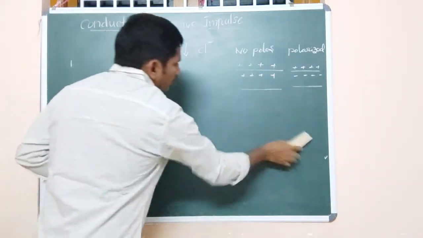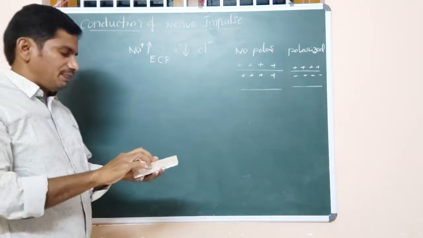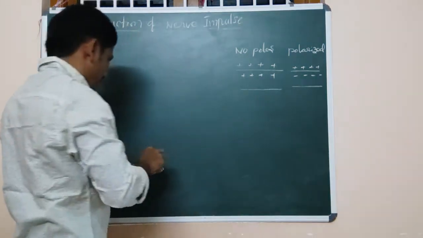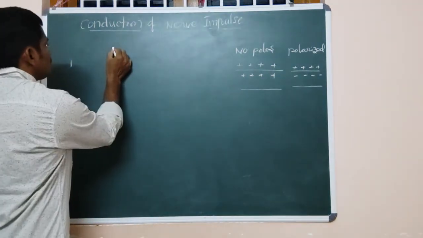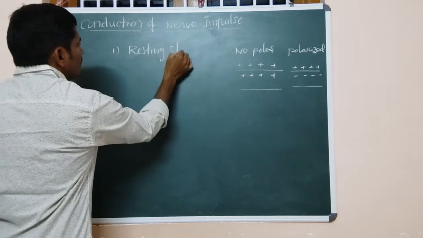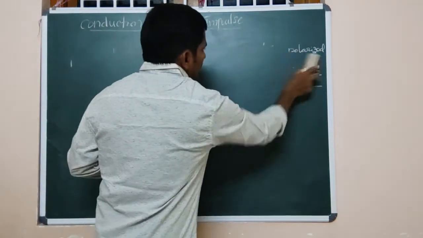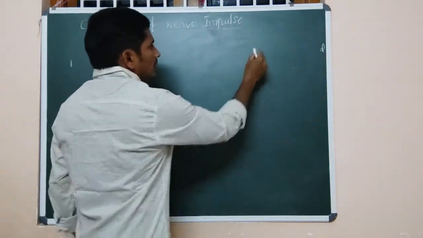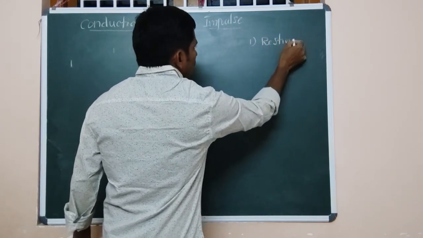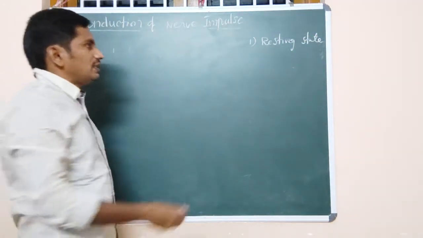Resting state, depolarization, repolarization and hyperpolarization. These are the steps. First one is the resting state, when the neuron is not conducting any impulse.